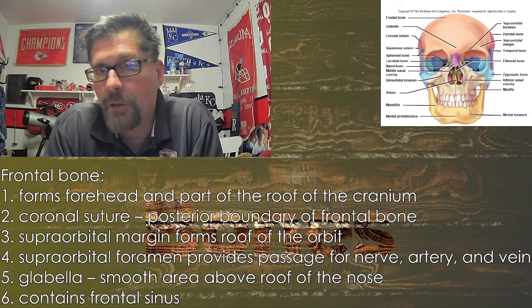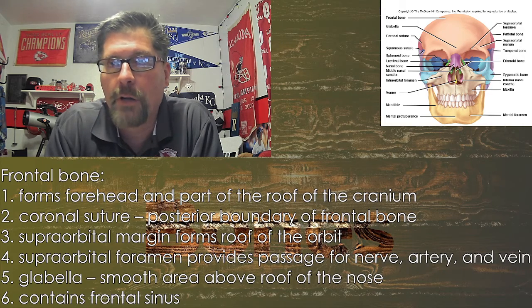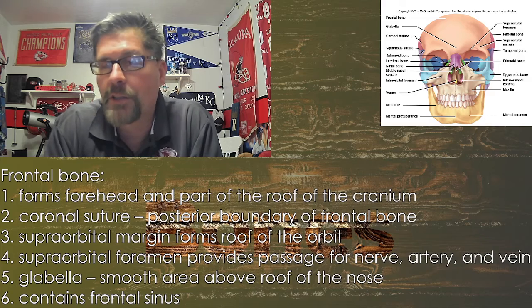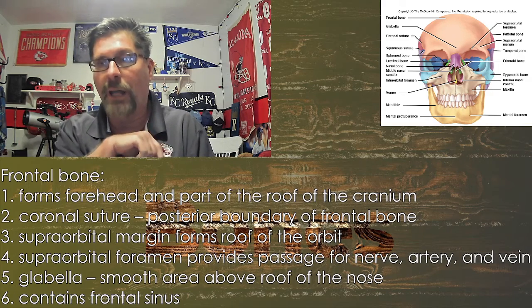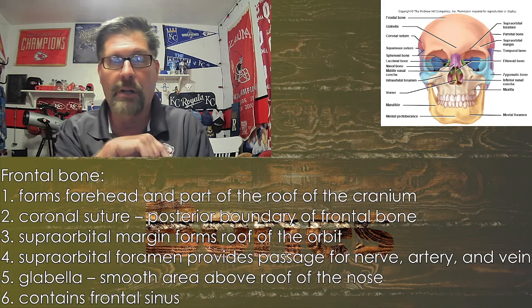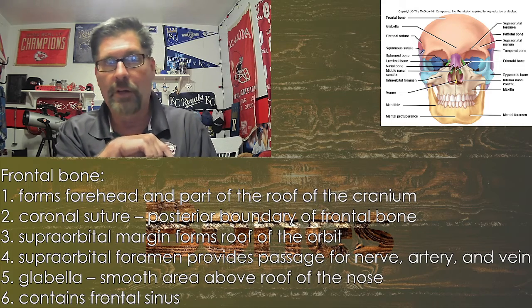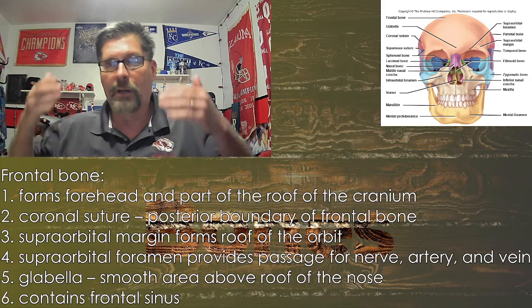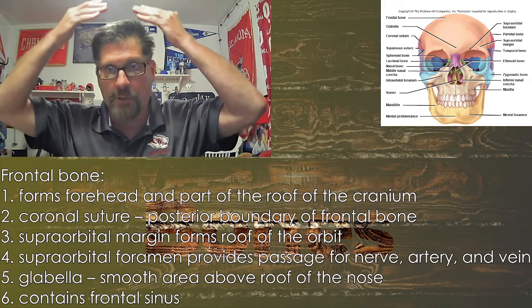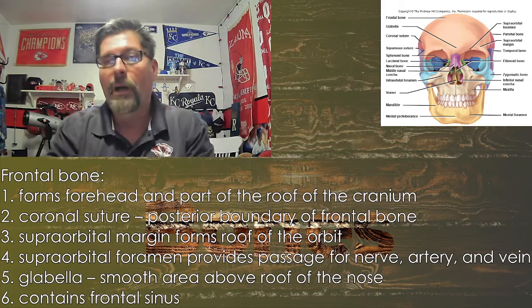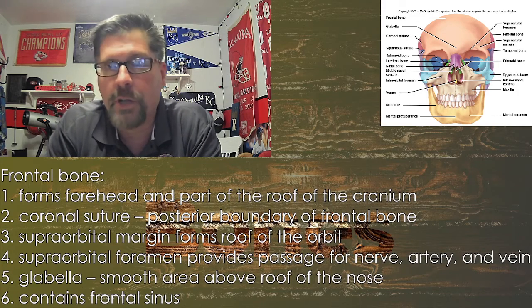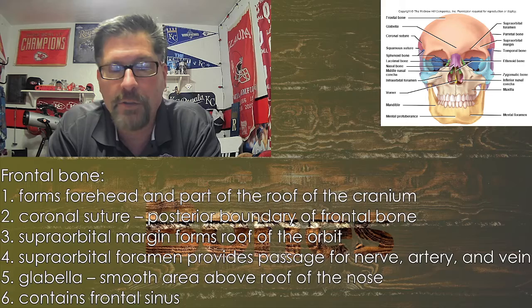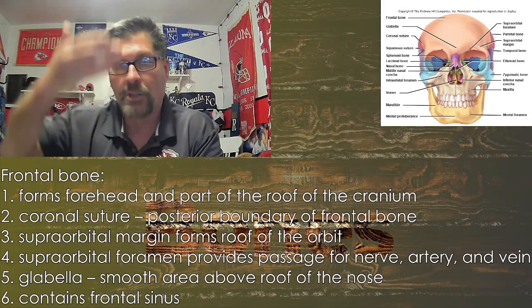But the frontal bone, this is the peach-colored one that's right there at the top. It's got the whole forehead section, and you can't tell it from this angle, but you'll see it in the next one when we look at the parietal bones, that it doesn't go all the way back. It only goes back an inch or two, and you have the first suture, the coronal suture, that separates the frontal and the parietal as far as going backwards.